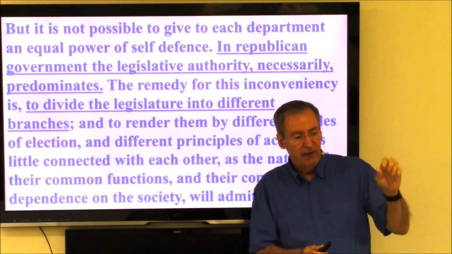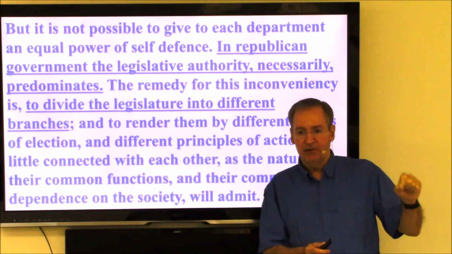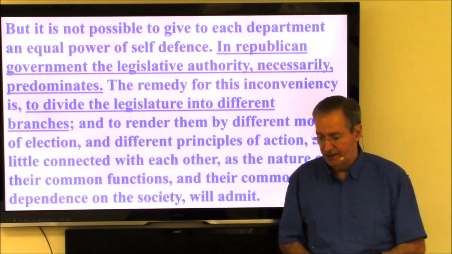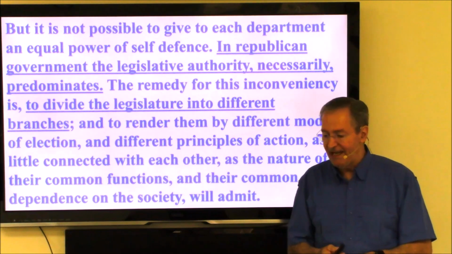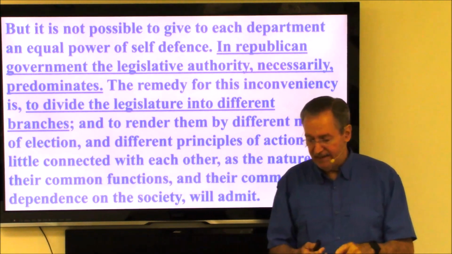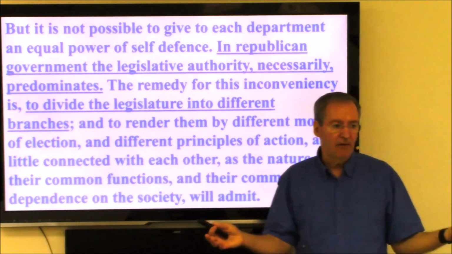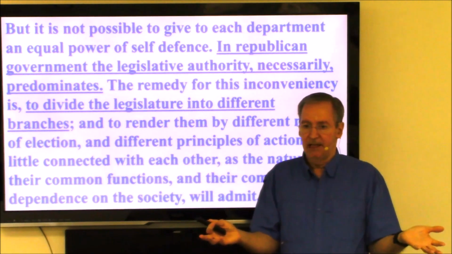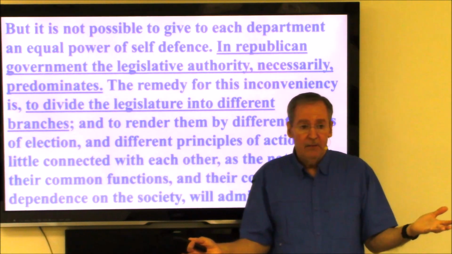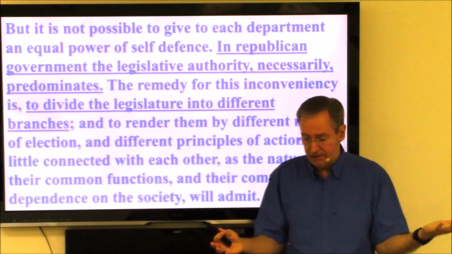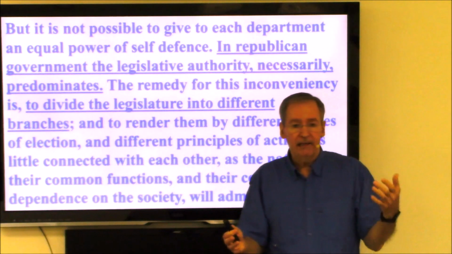So what do you do if you know the legislature is going to be the most powerful? What do you do with it? So the remedy for this inconveniency is to divide the legislature into different branches. So what do we have in our country in the legislature? We have a Senate and we have a House. How do you elect the House?